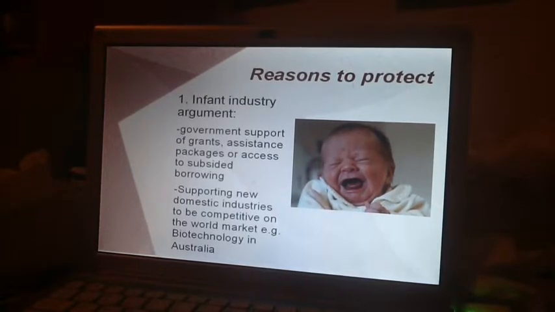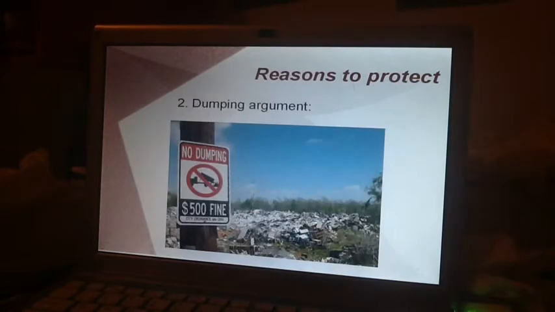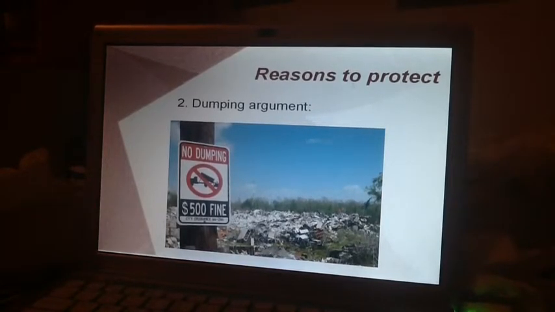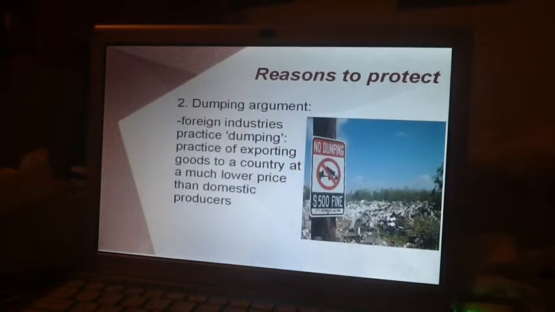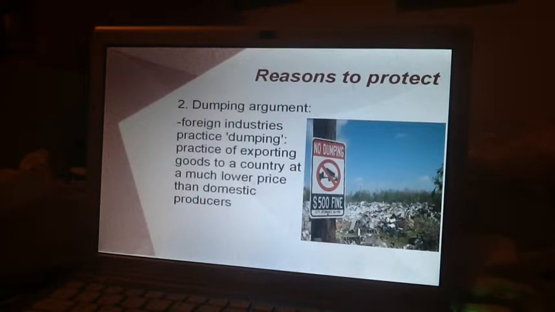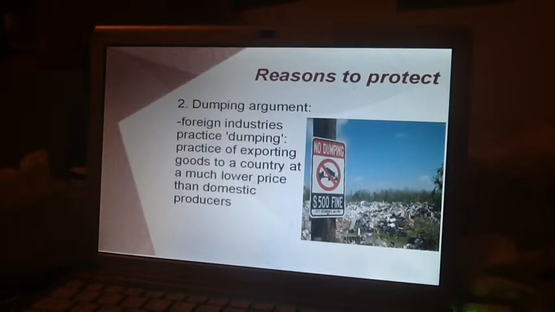What's another argument that we can have? Well, the other argument is the dumping argument. It's this argument that we need to protect these domestic industries from foreign industries who engage in this practice of dumping. And what dumping is, is that they actually export goods to a country at a ridiculously low price, to a point where domestic producers actually cannot compete.